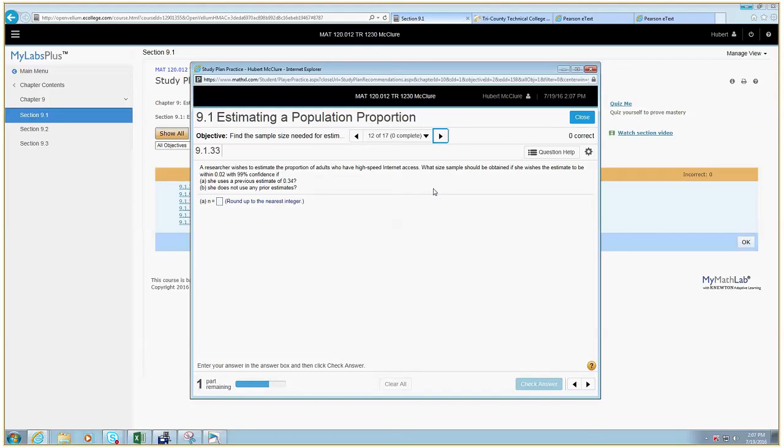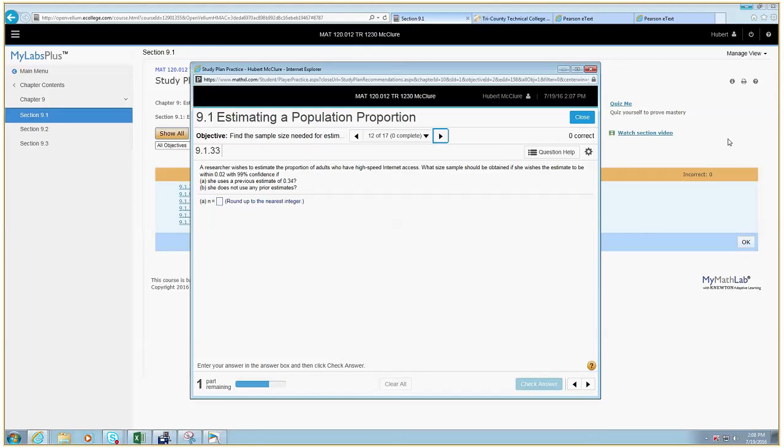All right, look at this one. I've got to blow it up, of course. Write it down, because that's the second type of question you'll have in 9.1. This is the second type of question you're going to have.